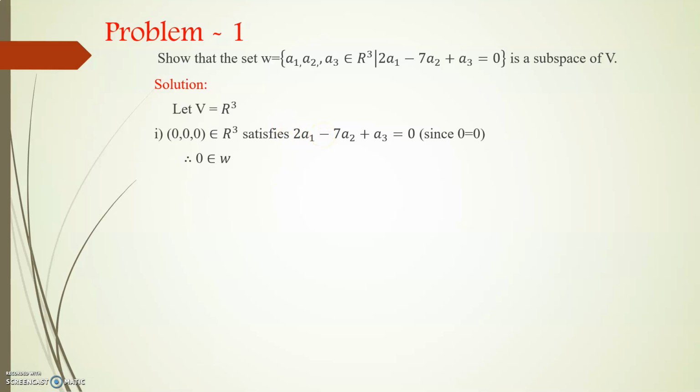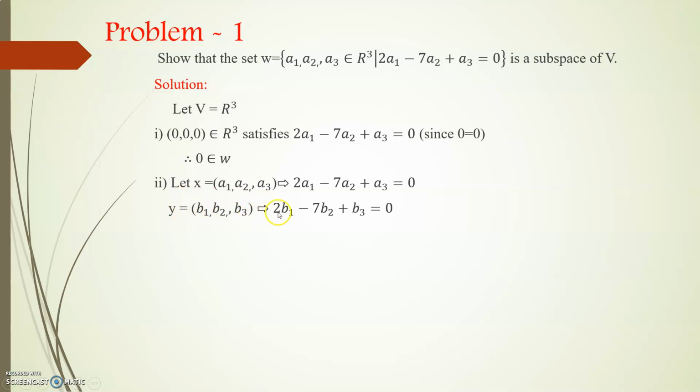Next condition. Let us consider x equal to (a1, a2, a3). This can be written as 2a1 minus 7a2 plus a3 equal to 0. Another one, we choose y equal to (b1, b2, b3).